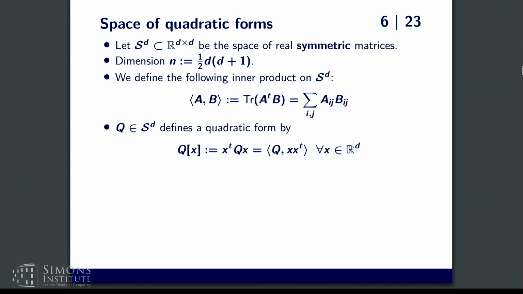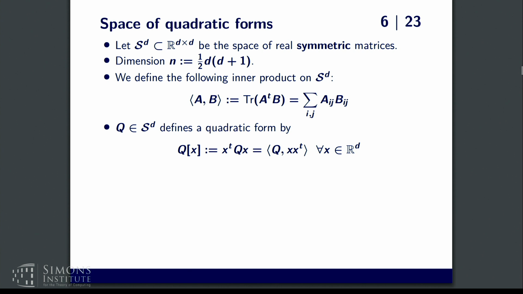Now, if you have a symmetric matrix, you can define a quadratic form by looking at x transpose times q times x for a vector x. And the nice thing about this inner product is that this has a geometric interpretation. Namely, this value is the same as taking the inner product of q and x outer product x for these vectors x.